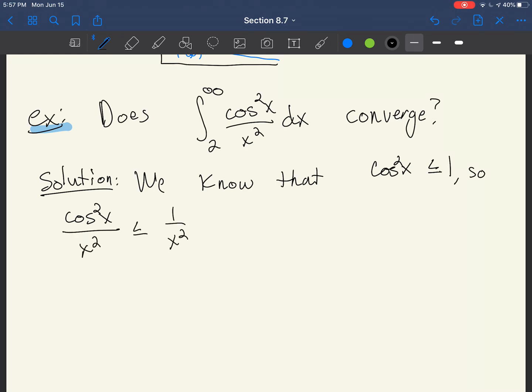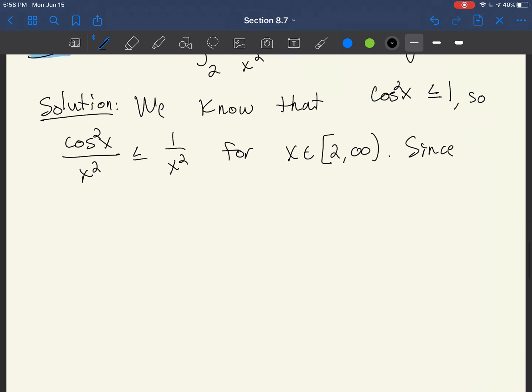If we divide both sides of this inequality by x squared, we get cosine squared x over x squared is less than or equal to 1 over x squared. And this is true for all values of x, but we'll specify for x in our domain 2 to infinity.